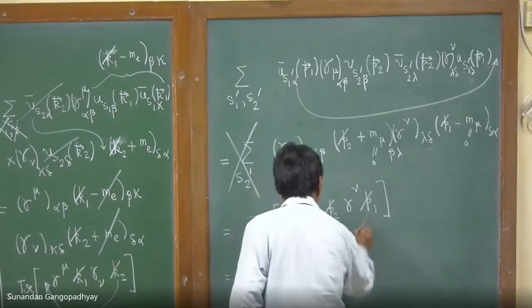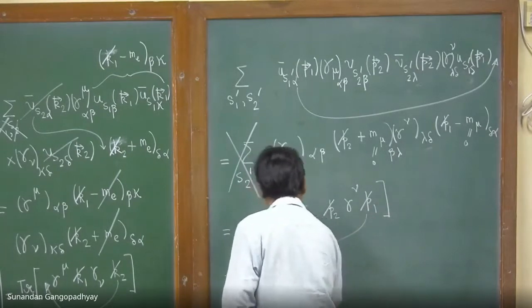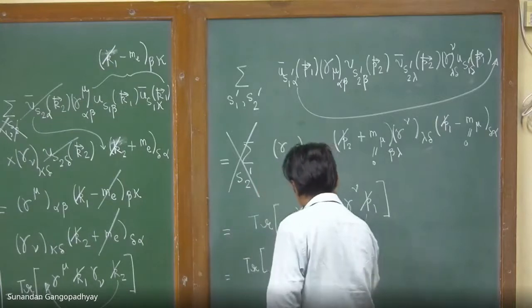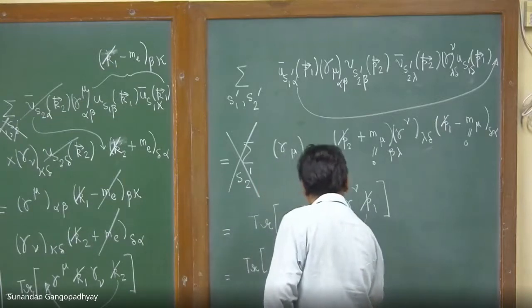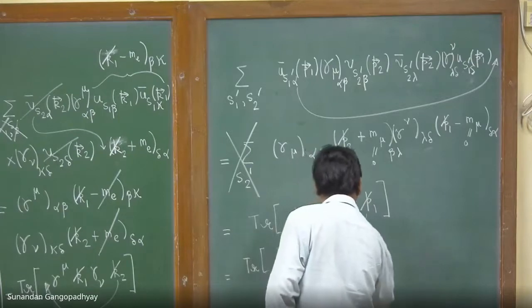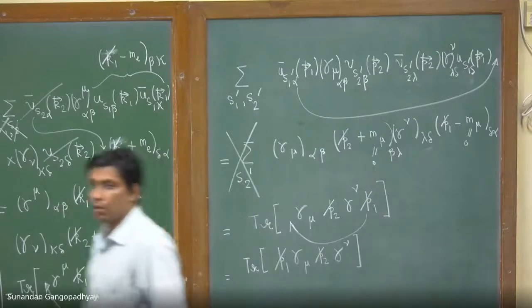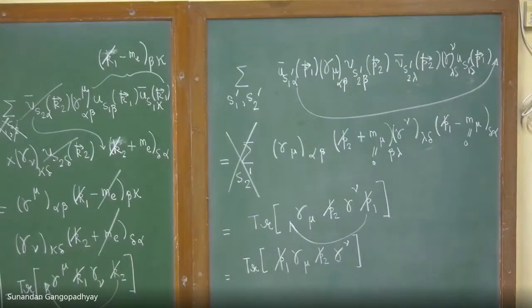You can bring this factor here using the cyclic property of traces. So p1 slash gamma mu p2 slash gamma mu. So that completes the computation of the sums over spins. Is it clear?